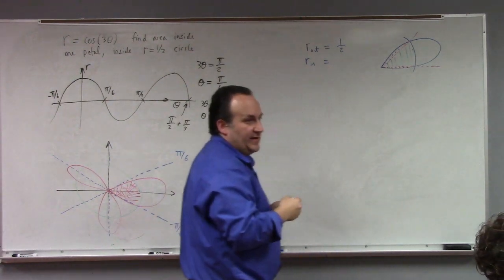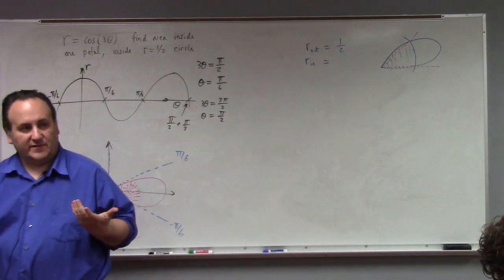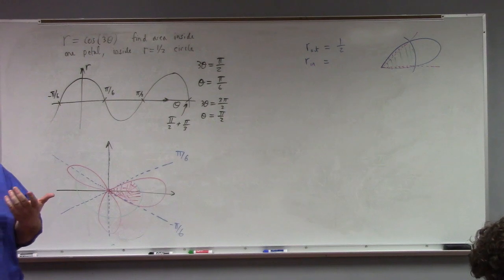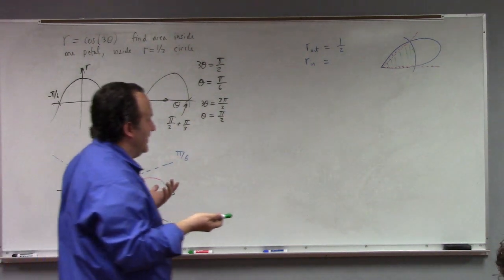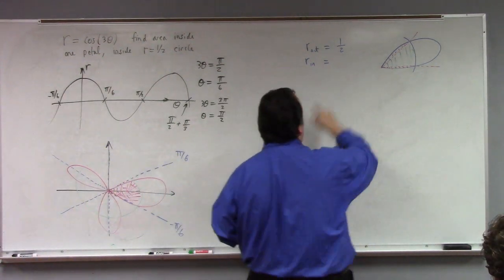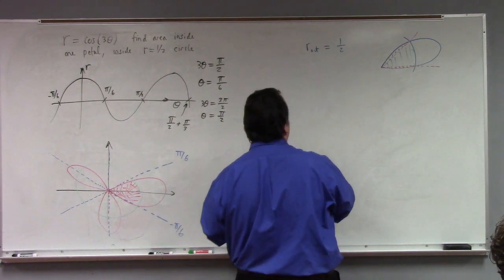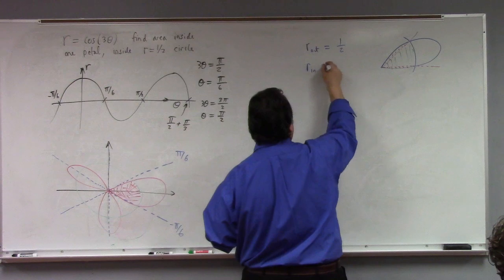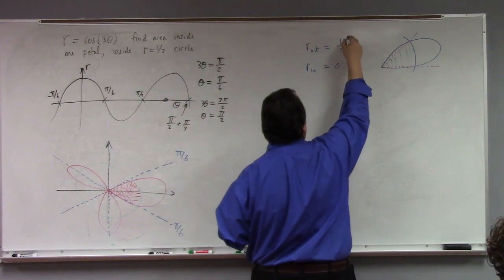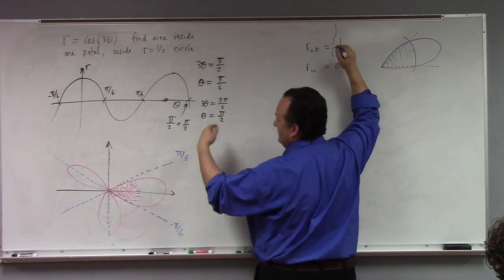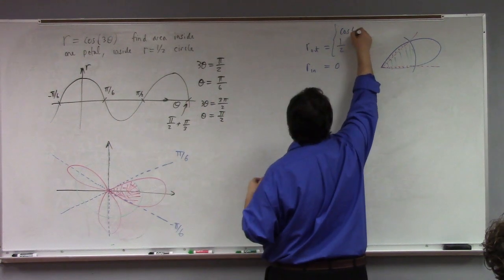See, what is R out? Well, R in is always 0, actually. The inner radius is 0. But the outer radius is sometimes 1/2. Let me just say this. R in is always 0. R out is 1/2, or it's the cosine 3 theta.